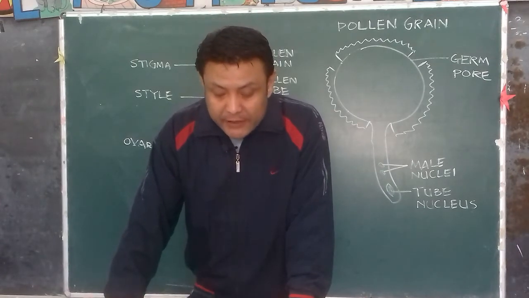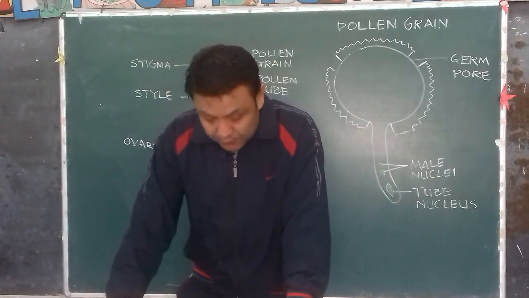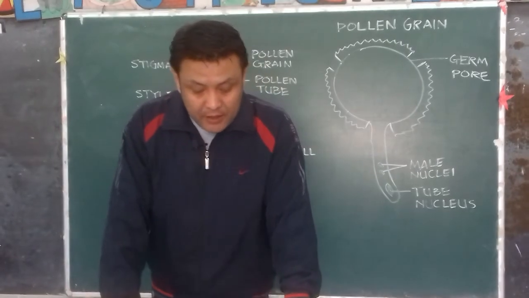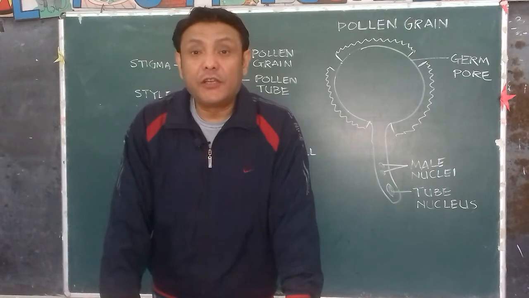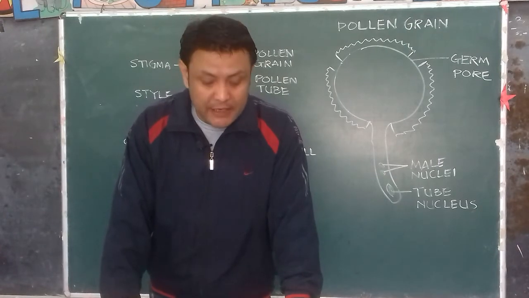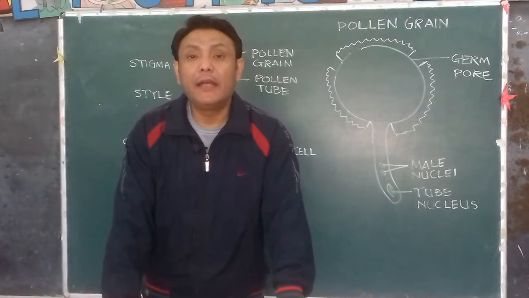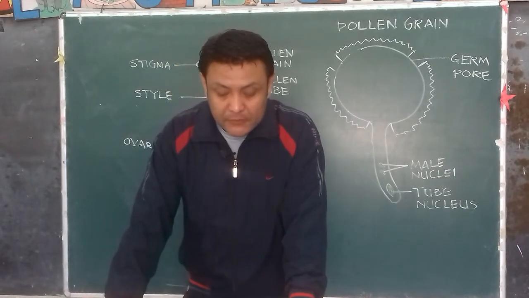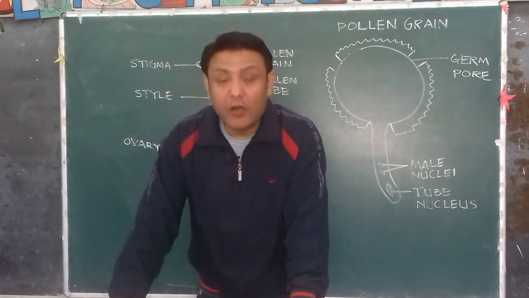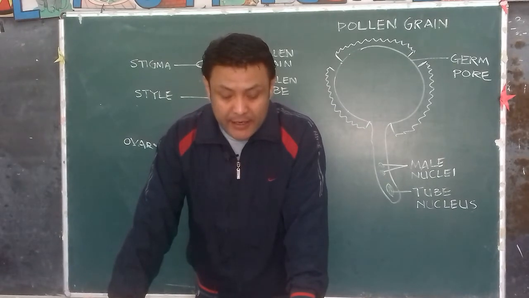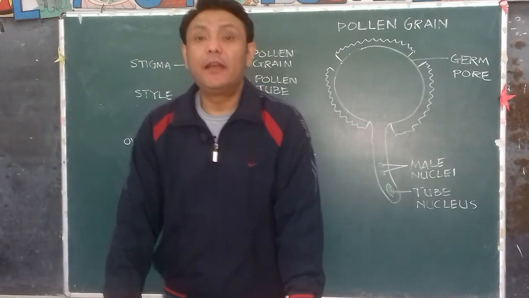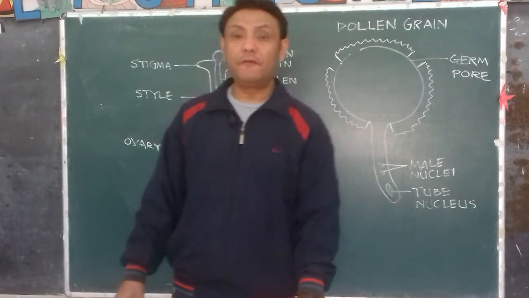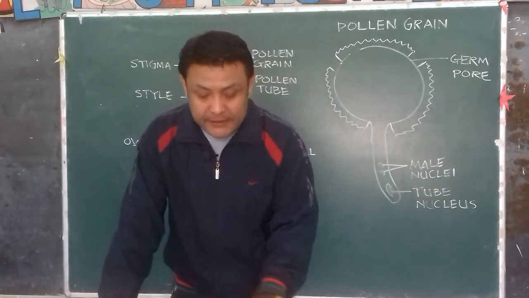Depending on the external agents of pollination, pollination is classified into various groups. The first one is pollination by insects, or insect pollinated flowers. Pollination by insects is called entomophily, the pollination with the help of insects.